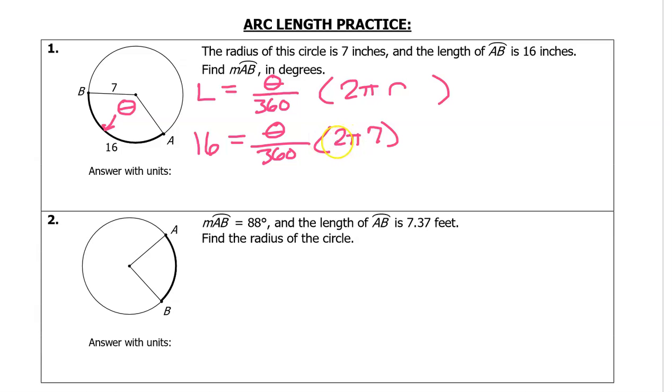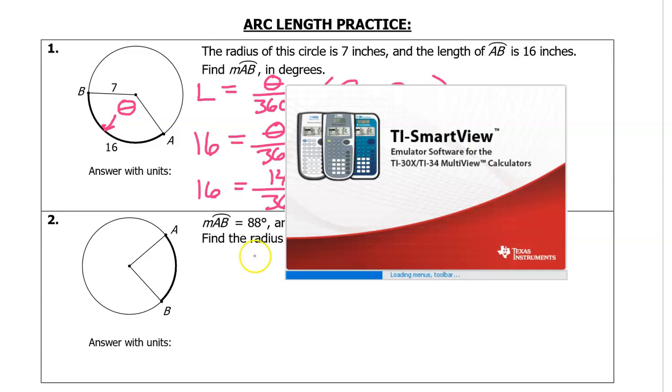Notice that we have 2 times 7, so that's going to make 14. So might as well do that. So I have 16 is equal to theta over 360 and then I've got this 14 pi. In fact, I think I'll put that in the front. So I've got 14 pi times theta over 360. That makes it more obvious that what I need to do is reduce the fraction 14 over 360.